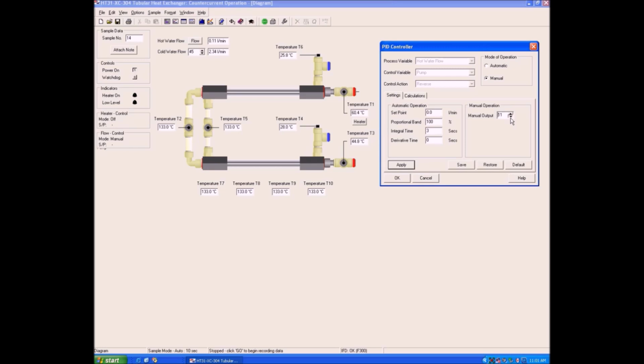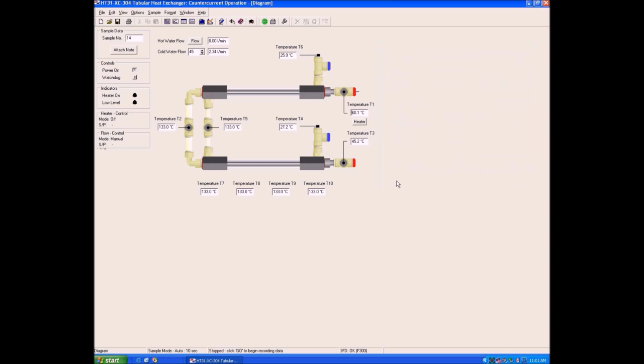So we have to wait for the temperature to drop. If you increase the mass flow rate of hot water, the temperature will drop very fast. But 60 degrees centigrade is not too high a temperature, so we can make the flow rate off. Then the cold water we can also make off.